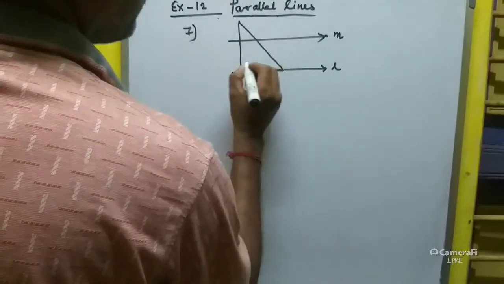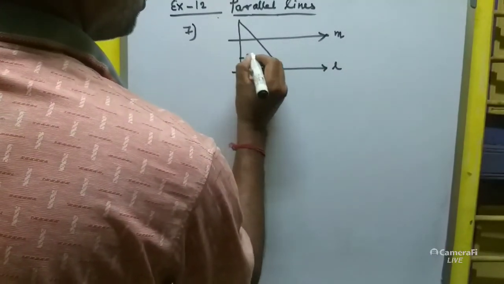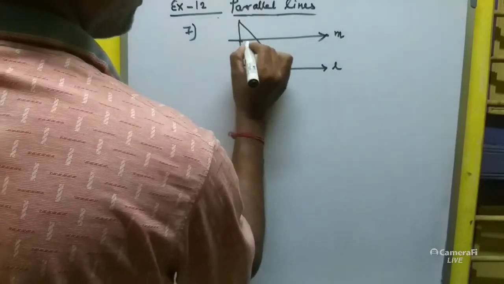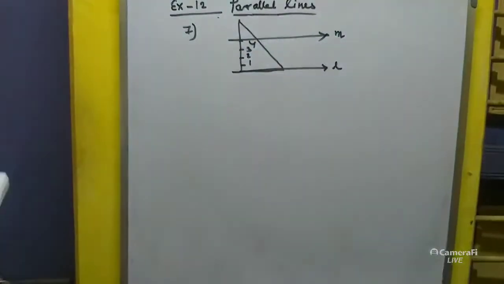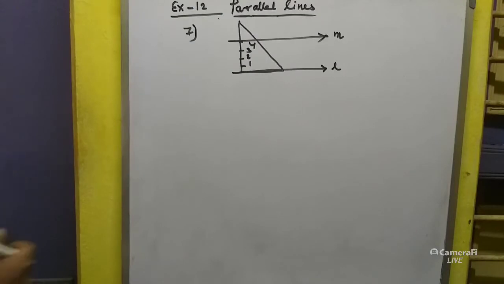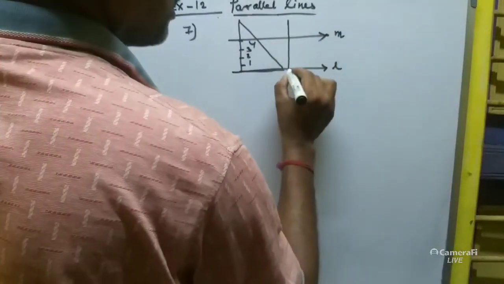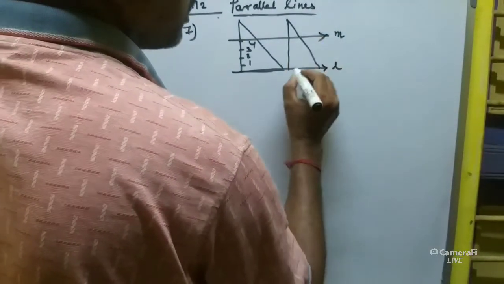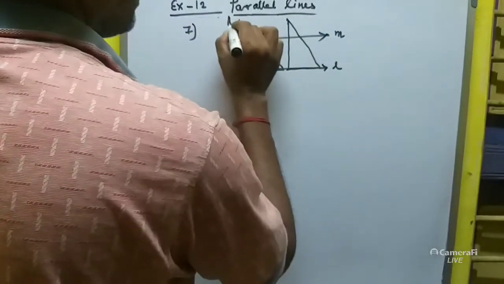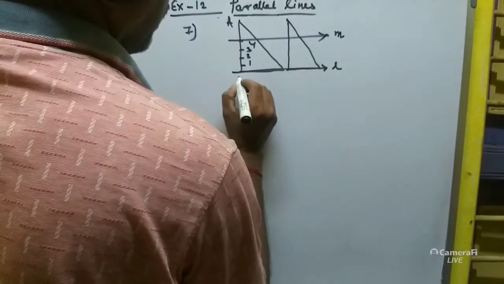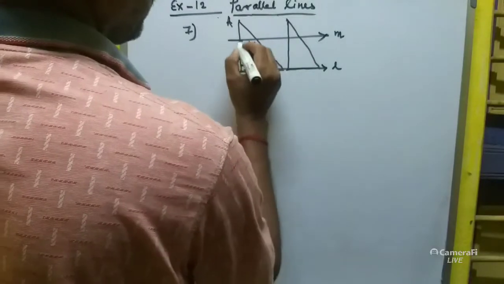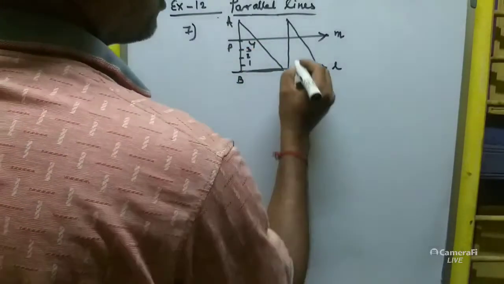And then the marking is given in this way, 1, 2, 3, this one 4. In this way you find out the distance. So again put your set square here and you can find out the distance here. Also, if this is AB, I suppose this one is P. So BP you can find out.